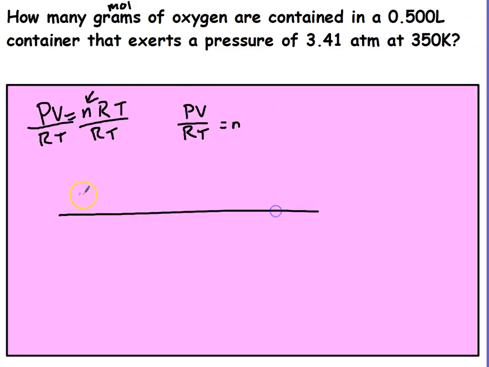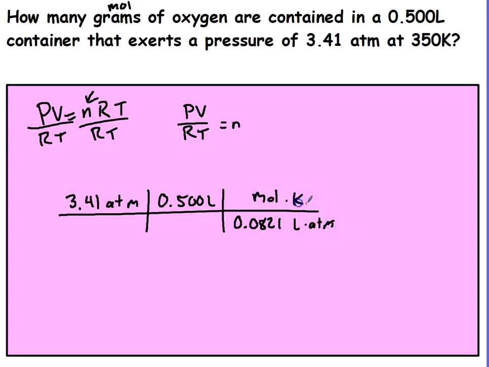Plugging it in, starting with the pressure, 3.41 atm times the volume, 0.500 liters, divided by R, which was 0.0821 liters times atm divided by moles times Kelvin, and divided by temperature, which was 350 K. I don't need to change it because it's already in K. Canceling out my units, atm cancels out, K cancels out, liters cancels out.